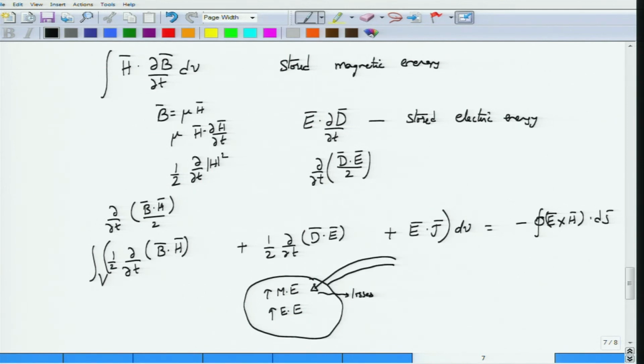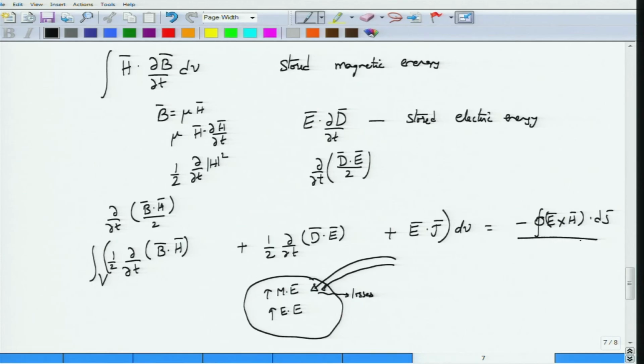So someone must be supplying energy so that some amount is lost in the ohmic losses, in the heating of the material or the region, and the remainder goes into the increase of magnetic and electric energies. So who is this someone that is giving you this power?